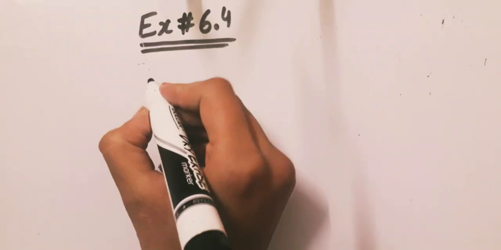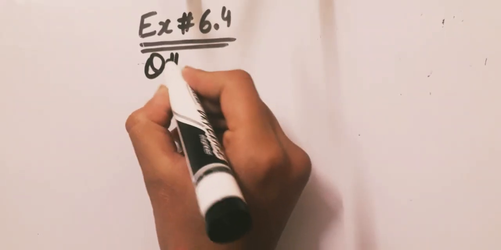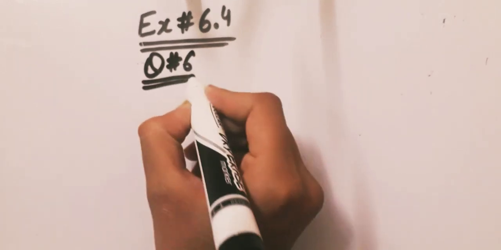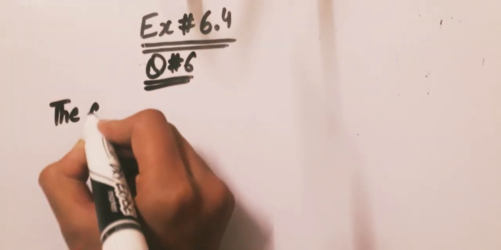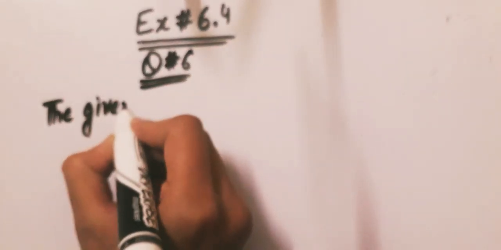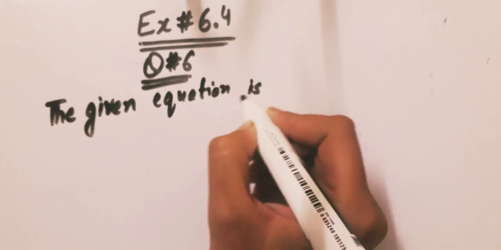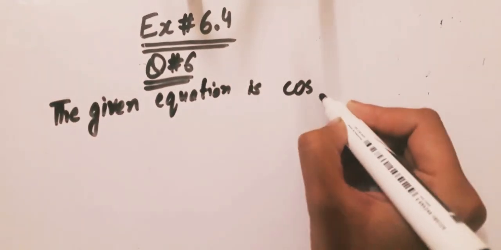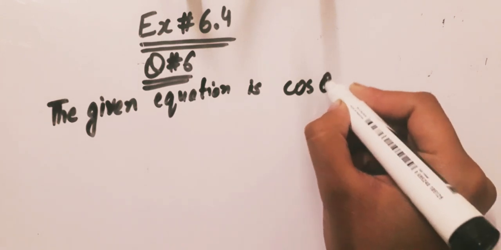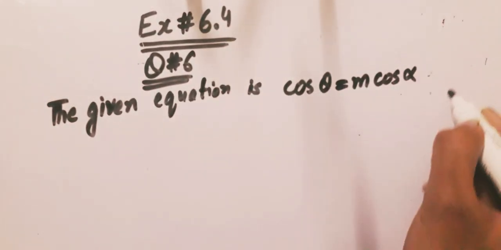Now we will solve this question. Question number 6. The given equation is cos of theta is equal to m cos alpha.